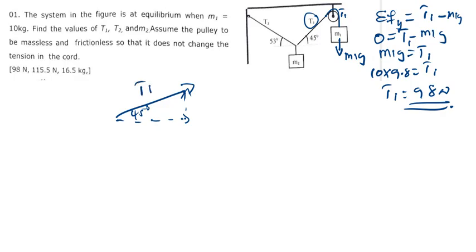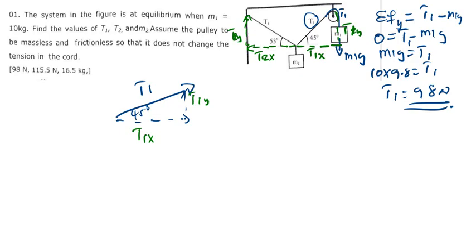I can resolve this into components, so it will be T1x and T1y. That is going to be the same with this other one, so I'll have T2x and T2y.